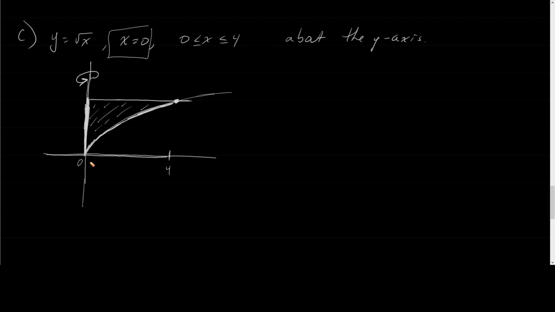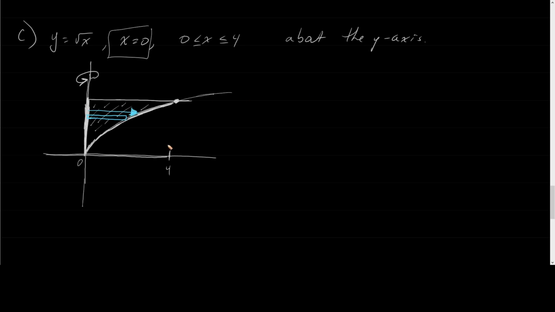All right, so in that region, we're rotating about the y-axis, so this right here is going to be my representative rectangle. So my radius here is just this distance. That's my radius.